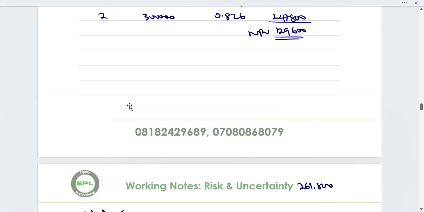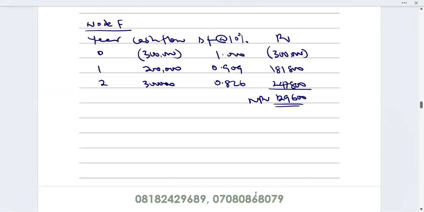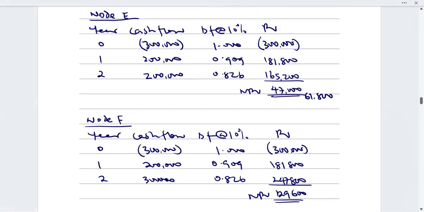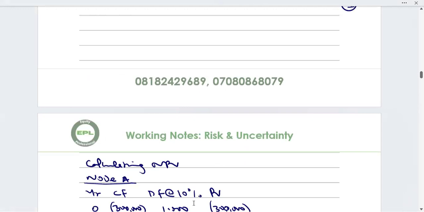Then node J. We are done with H and I. We have 5 more nodes to go.